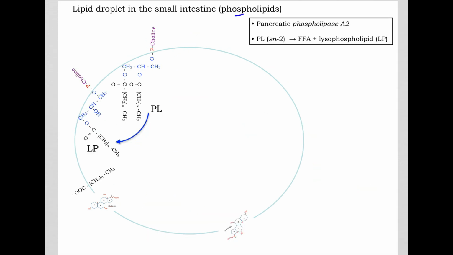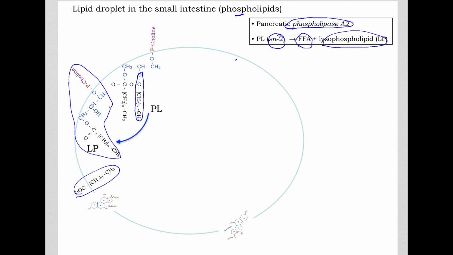The phospholipid in this droplet will be acted on by an enzyme called pancreatic phospholipase A2. This enzyme prefers position 2, so this part of the phospholipid, and we get free fatty acid as well as lysophospholipid. So this would be your lysophospholipid.